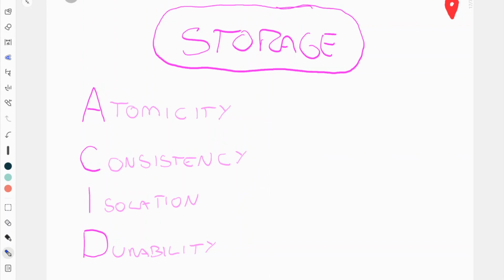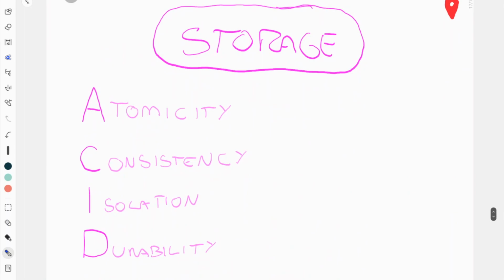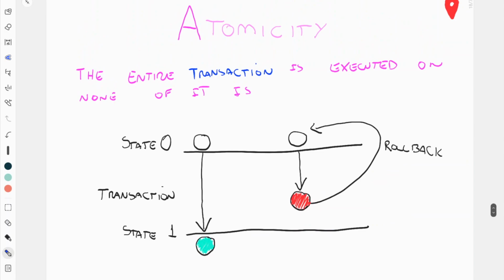These are very simple concepts, but they can make a huge difference, because if you don't have them in your storage, you're very possibly going to have trouble later. So what is atomicity?